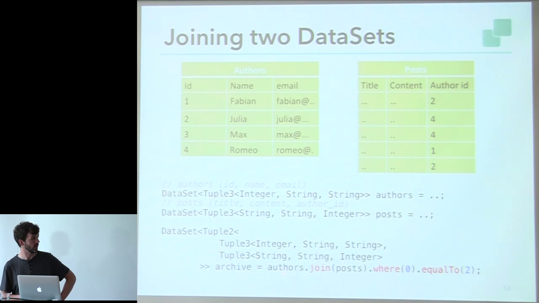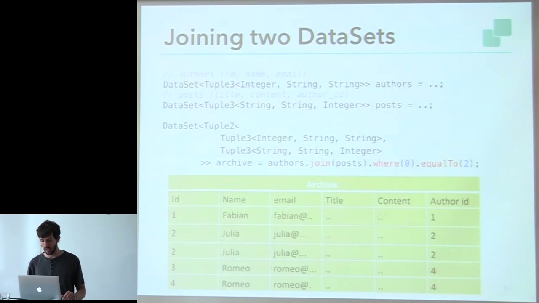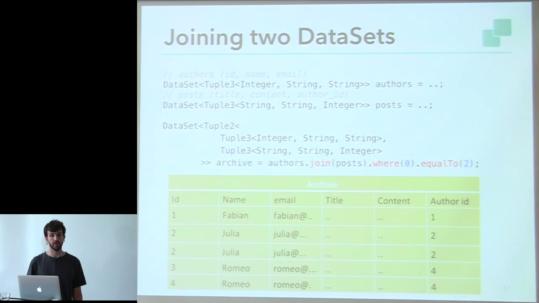So what we do is authors join posts, and we specify the join key on the left side and on the right side. We would specify 0 here because ID is the first field, and 2 on the right side because author ID is the third field here. And what we then get is basically a new data set which contains the results of both data sets where the keys matched.